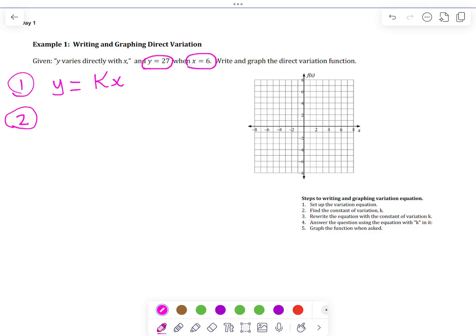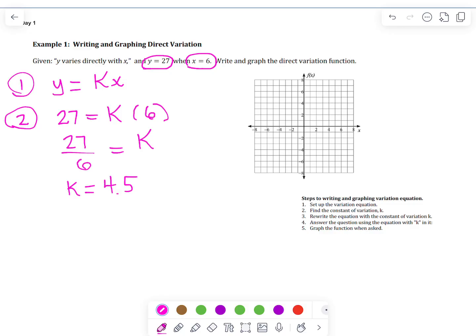Step 2, we're going to go ahead and find k. So the 27 is the y, and the 6 is the x, and we're going to solve this for k. So we divide both sides by 6. So k equals 27/6, or as a decimal, 4.5.